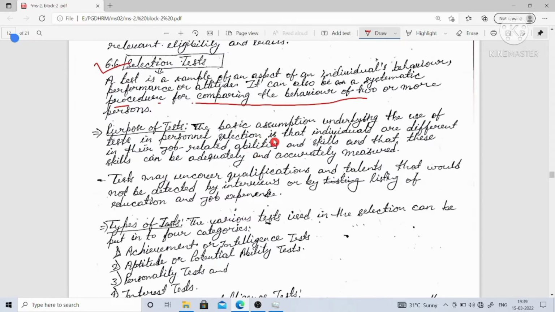Different people have different kinds of skills and abilities, and these skills can be measured accurately. Tests may uncover qualifications and talents that would not be detected by interviews or by a listing of education and job experience. You see here, this is very important.